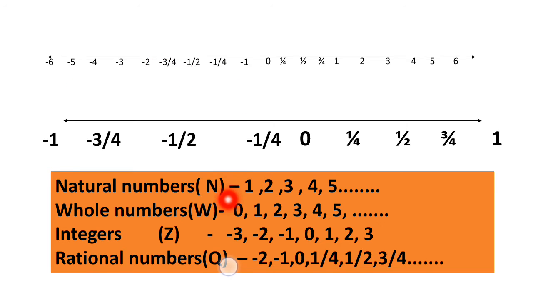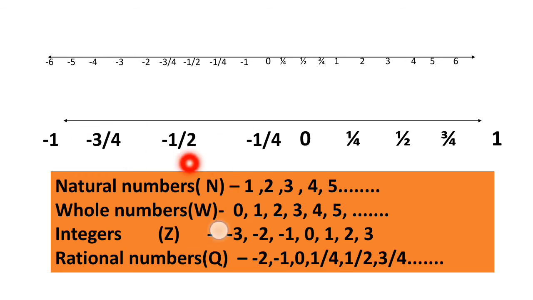Next, still more numbers are there which can be written as fractions. What are these numbers called which have been written in the form of fractions? These are called as rational numbers.